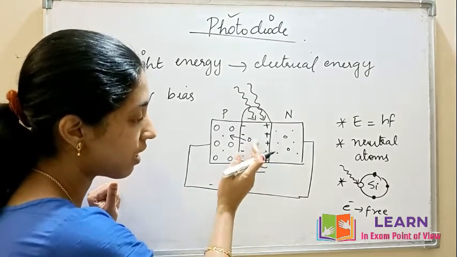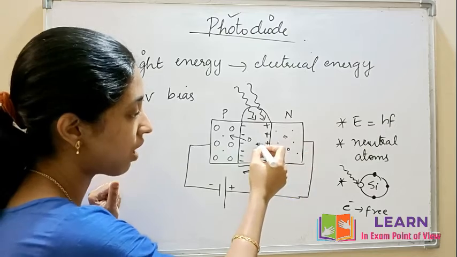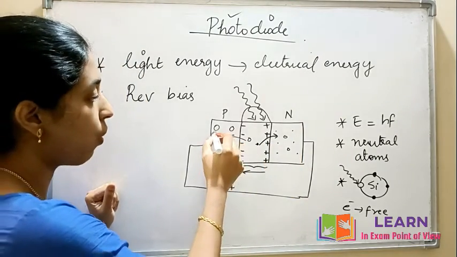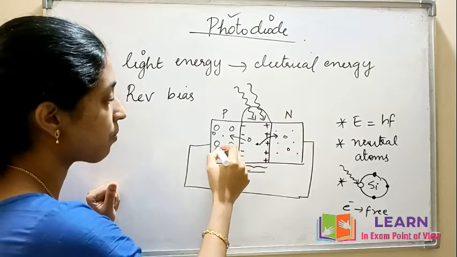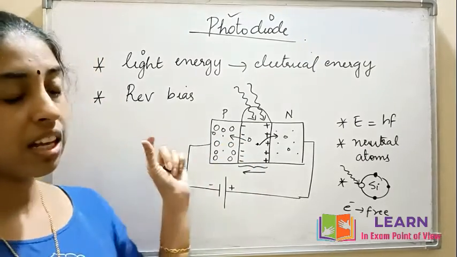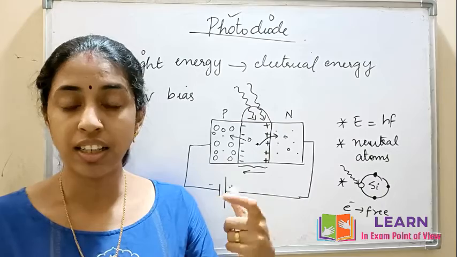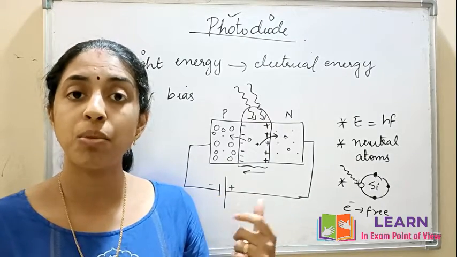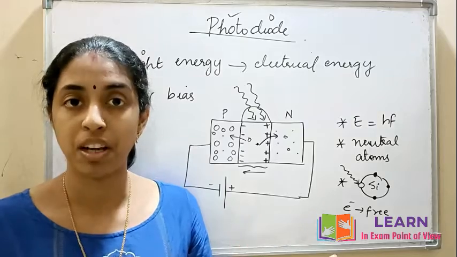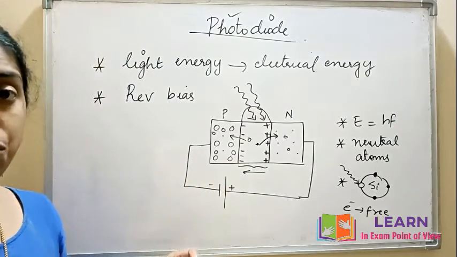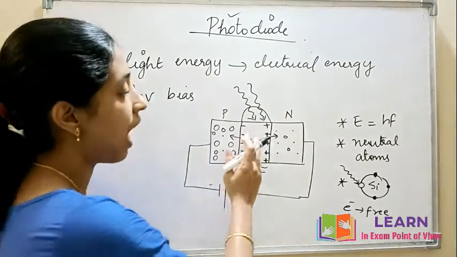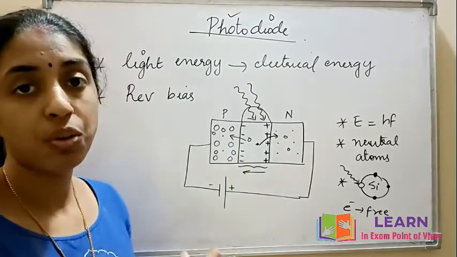An electron is attracted towards positive, so it will go to the N type. Since the light energy is coming continuously, more neutral atoms get excited and more charge carriers will develop. Holes will come to P type and electrons will go to N type.